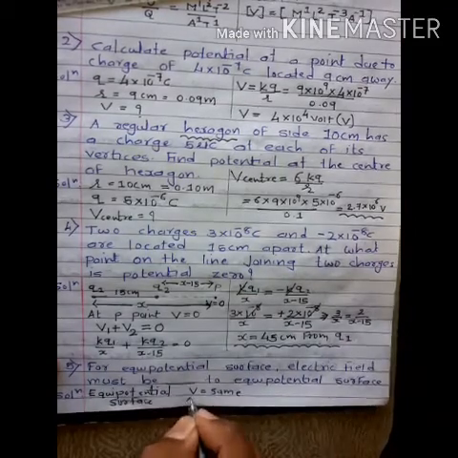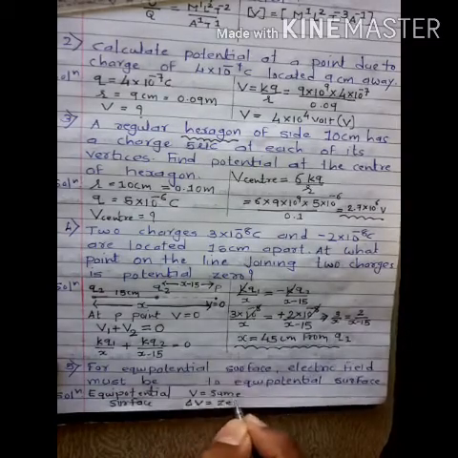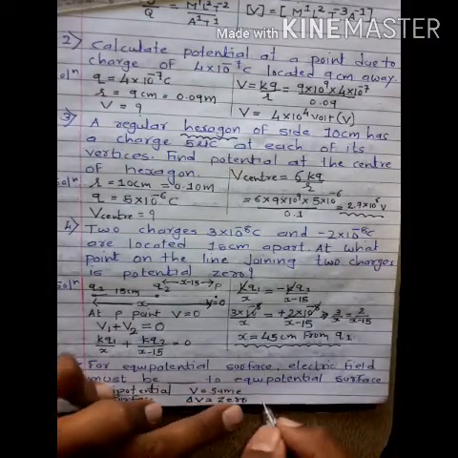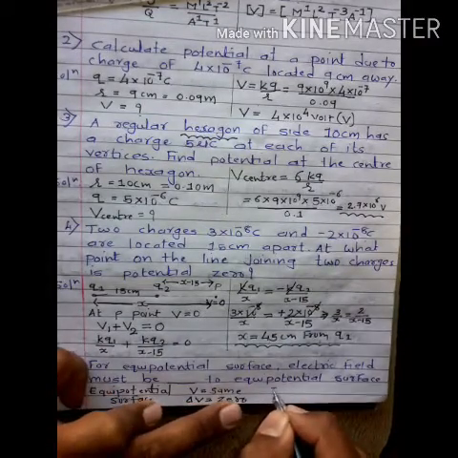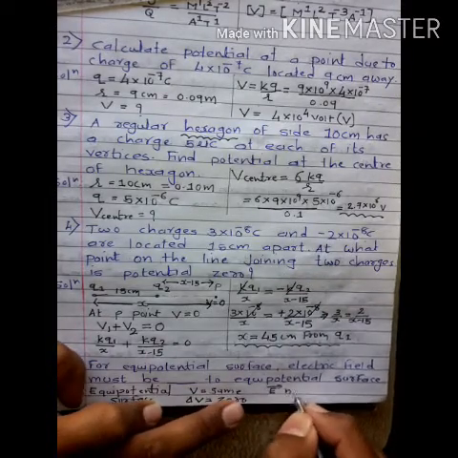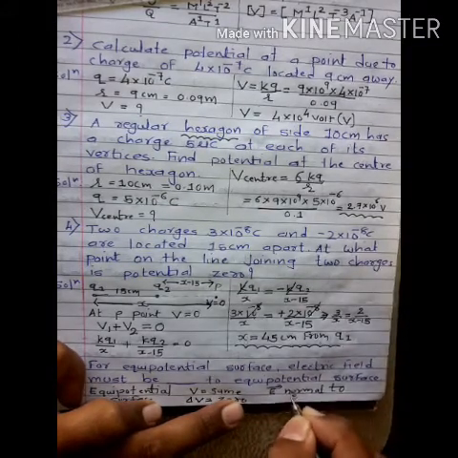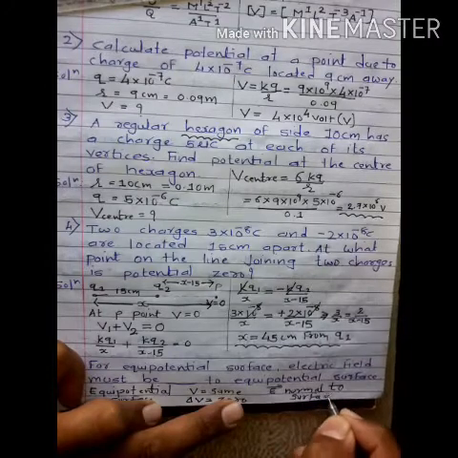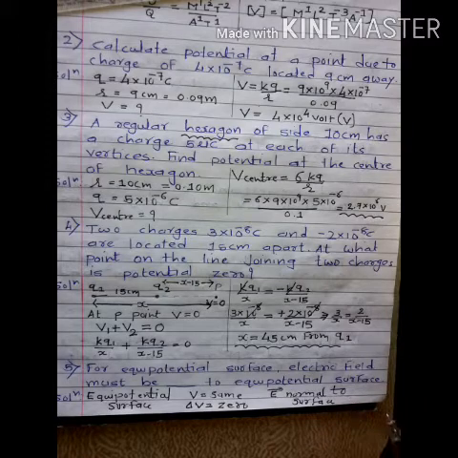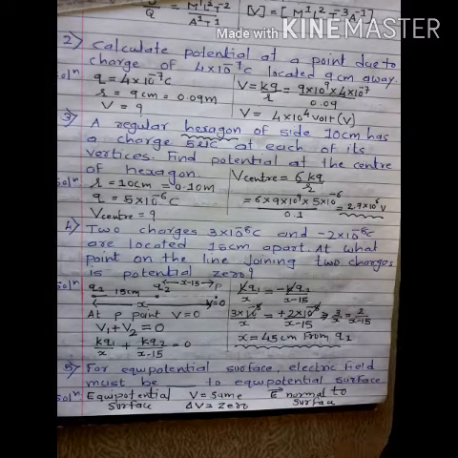If potential remains constant, then delta V, the change of potential, is equal to 0. And if delta V becomes 0, then our equation of potential suggests that the electric field is always normal to the equipotential surface. Clear? Vector E is normal to vector dl. So our answer is normal or perpendicular.